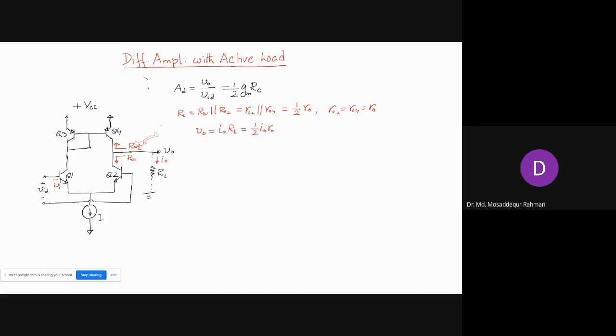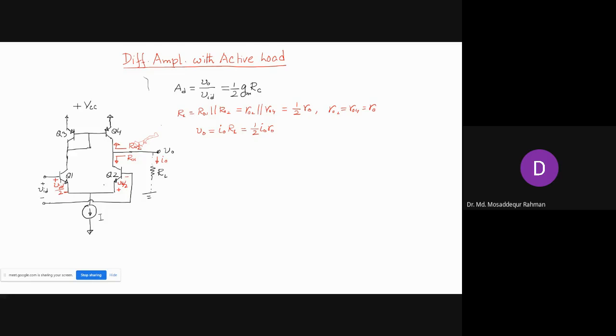That is Vid divided by 2, plus on this side, minus on this side. And this is also Vid by 2, but here plus is on this side, minus on this side.